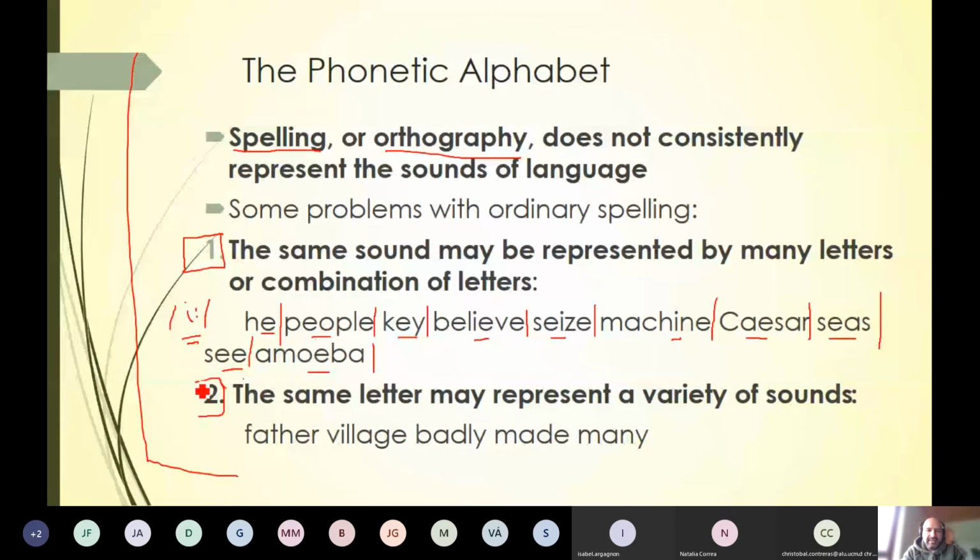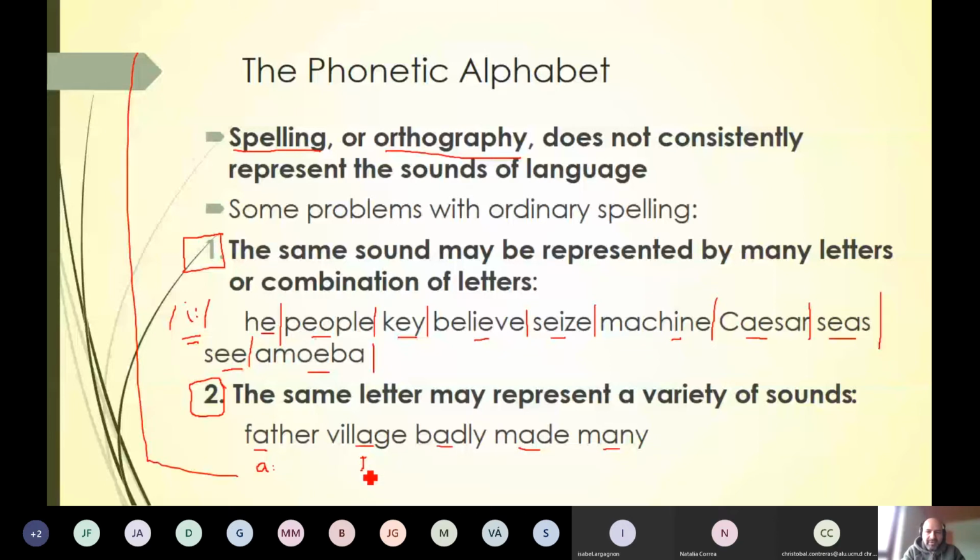In the second example, read by Cristobal, the same letter may represent a variety of sounds. Let's identify the letter: letter A. So we have the same letter, but when we say father, we're using a long A. When we're saying village, we're using a short lax vowel.